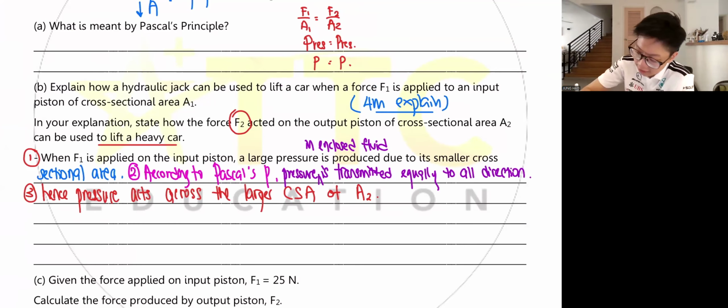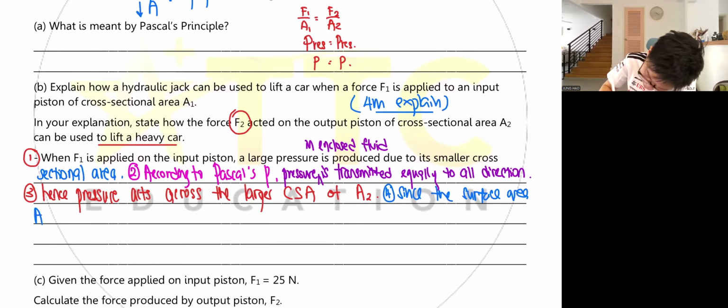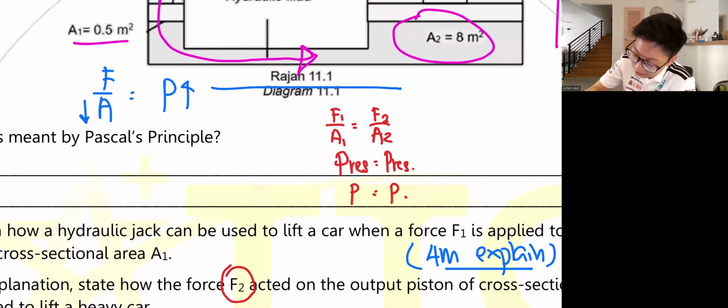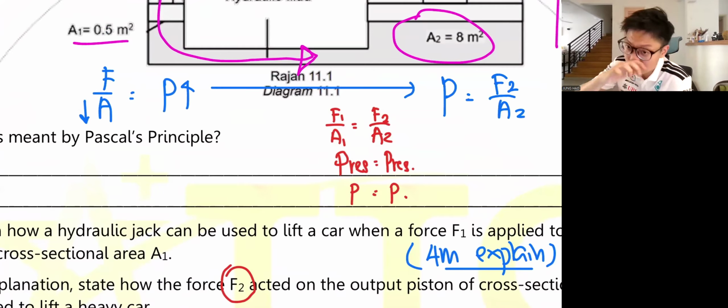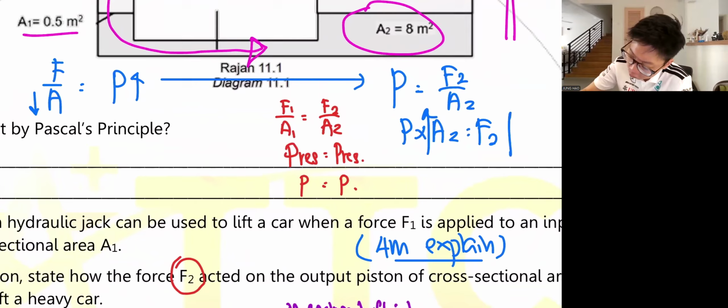Then after that, since the surface area A2 is much larger than A1. Because you see, now your pressure goes to this side already. So now this pressure is equal to F2 over A2. If the same pressure I multiply by A2, if your A2 is very big, your F2 will get very big as well.